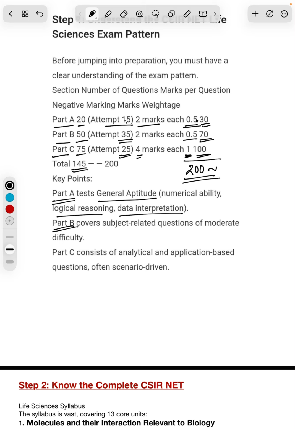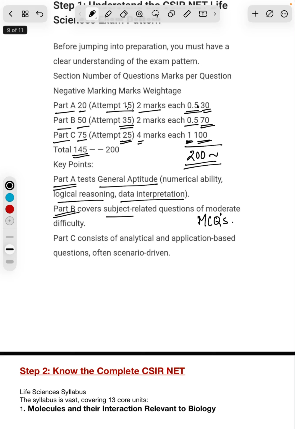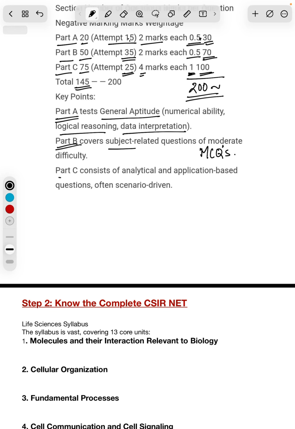Part B covers subject-related questions of moderate difficulty, which are multiple choice questions where you can study the syllabus and directly answer. Part C consists of analytical and application based questions. So Part C will be research based, meaning lab based questions. They are often scenario driven. They can't be crammed or learned by heart.